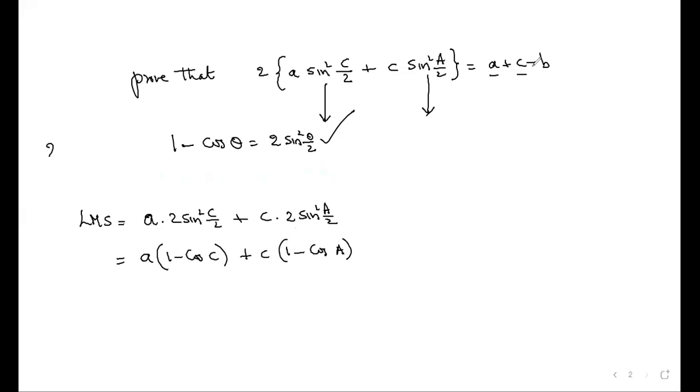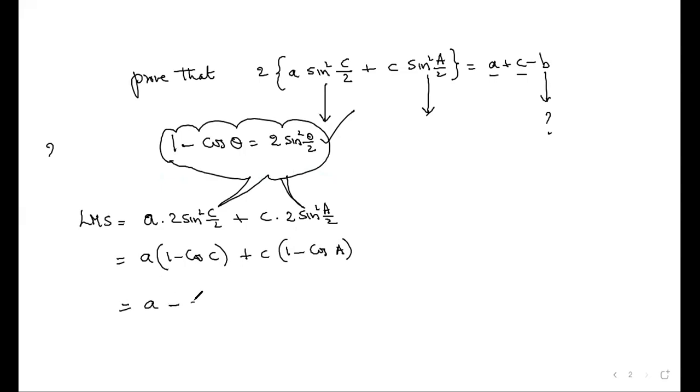So A and C we got. Then how will B come? You think. Write this formula. Projection rule.